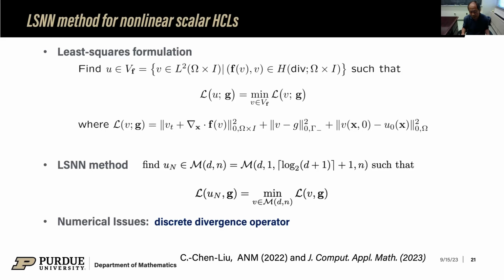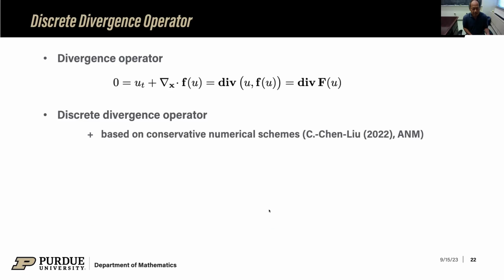In this case, we call it the discrete divergence operator. So instead, I'm looking at this equation and I'm going to rewrite it more back to the physics. I can write this as the divergence in space and time of the total flux.